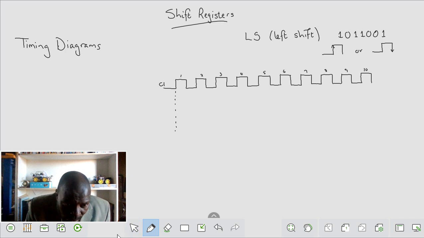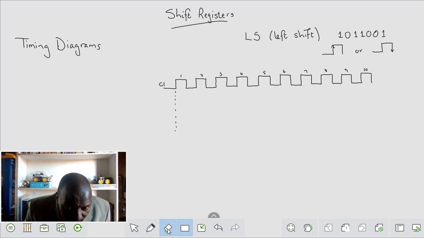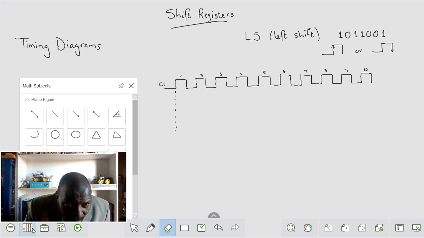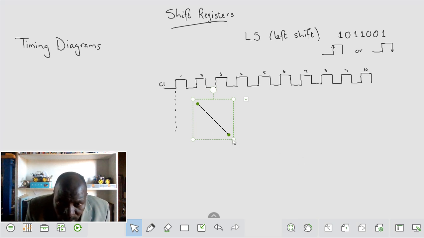or let me rather try this other tool, because I think it will be faster. Where are those tools? No, no. I just forget where my tools are. Let me say line width, line mode, dot. Let me use these. Are these dots? These are not dots.